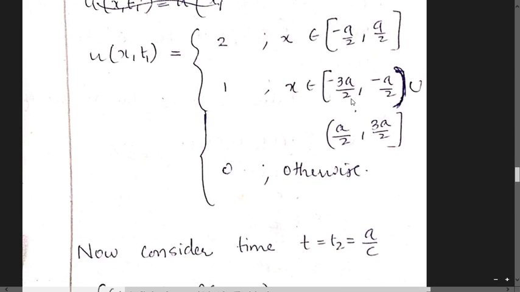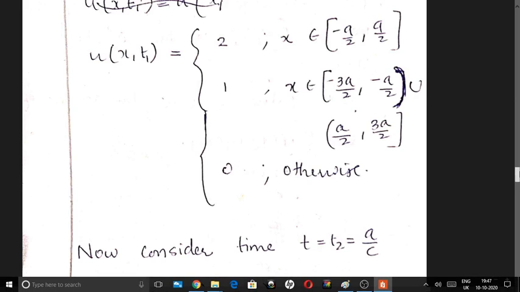Then when x belongs to the closed interval minus 3a by 2 to minus a by 2 union the open interval a by 2 to 3a by 2, the value of u is equal to 1, and 0 otherwise.